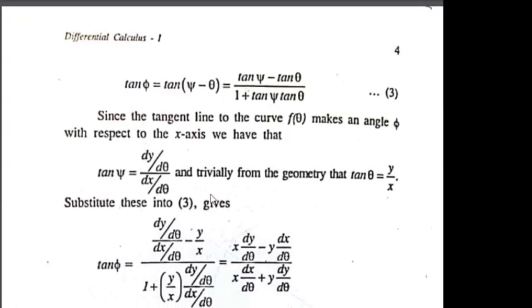Then we get tan phi is equal to, tan psi is dy by d theta by dx by d theta, minus tan theta, divided by 1 plus tan psi times tan theta. Converting from polar to Cartesian form, theta is tan inverse of y by x, so tan theta is y by x.